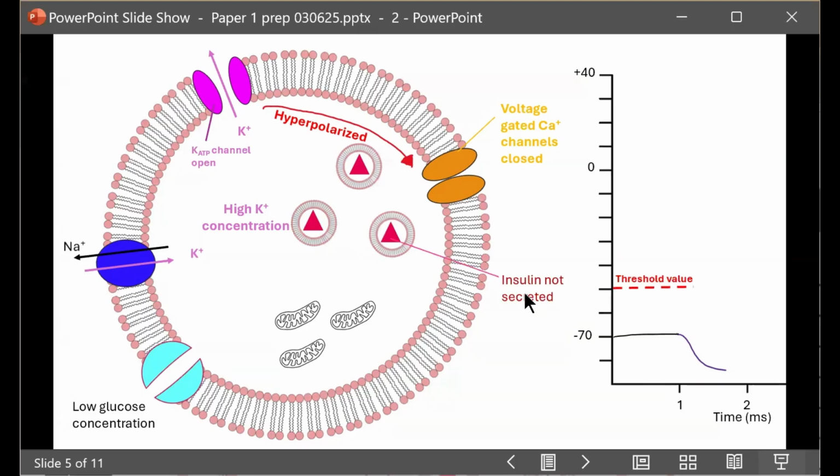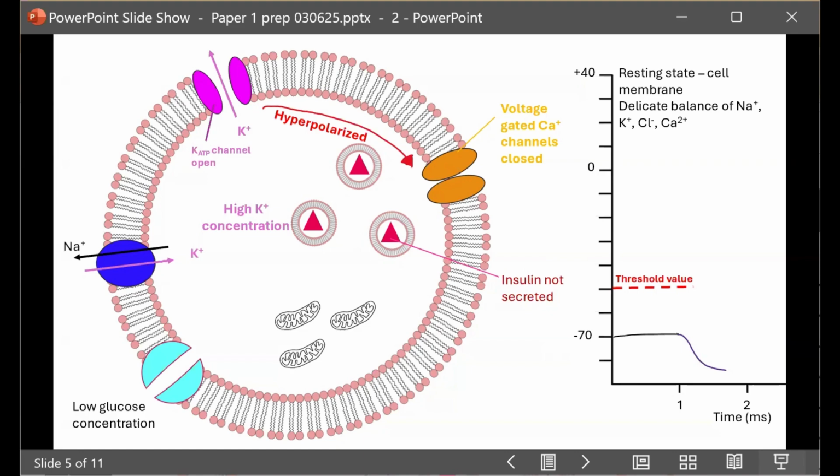Now, insulin's not secreted because we haven't reached a threshold value. We've gone further away from it. We therefore have not opened our voltage gated calcium channels. So the resting state is where the cell membrane has this very delicate balance on either side of sodiums, potassium, chloride, calciums.